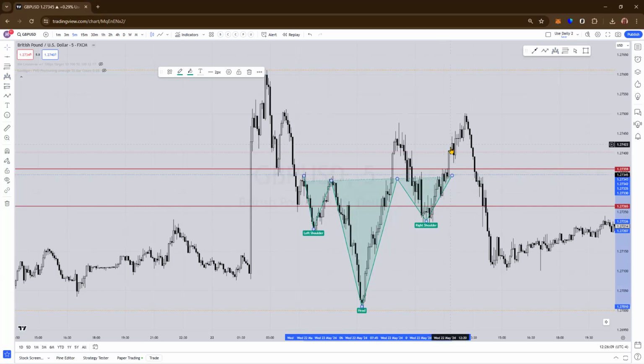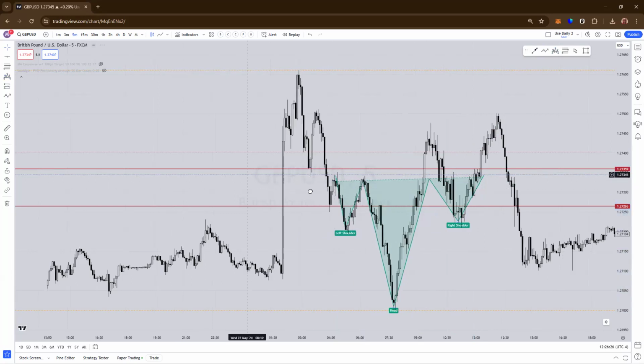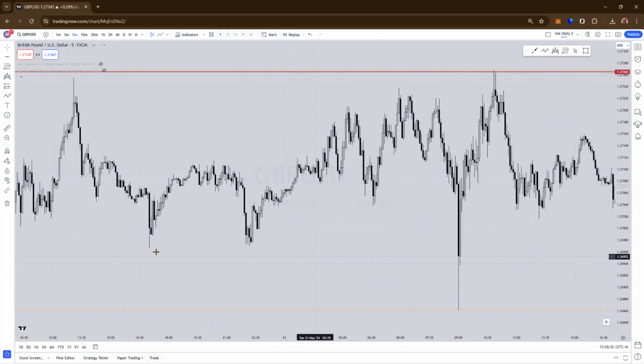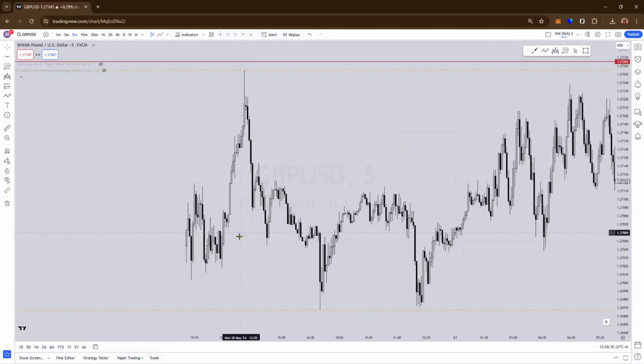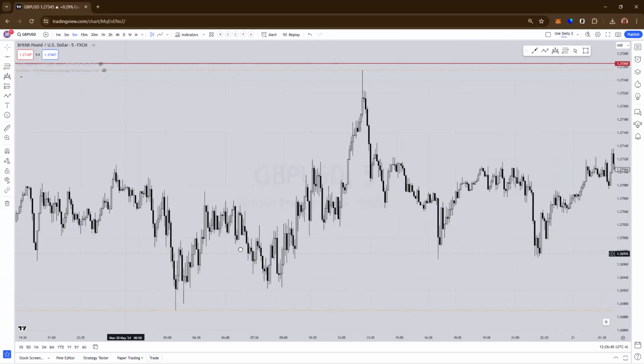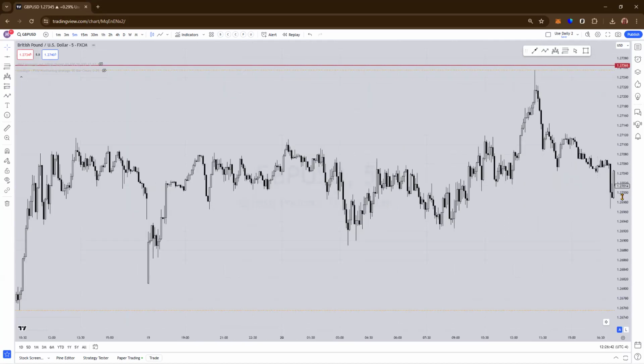It pulled out, tried to come back, right here. So you really have to be in front of the screen here to take advantage of this trade. It didn't come back to hit the support line. So that's inverted head and shoulders. Hopefully you guys are getting value out of this. I actually love going into historical data to identify these patterns. That way I could take advantage of these patterns when I'm in a trade.